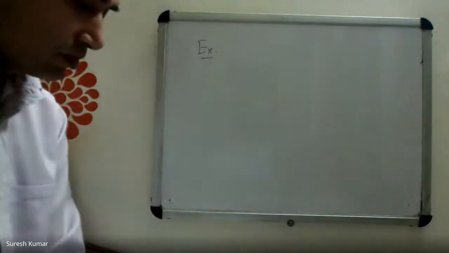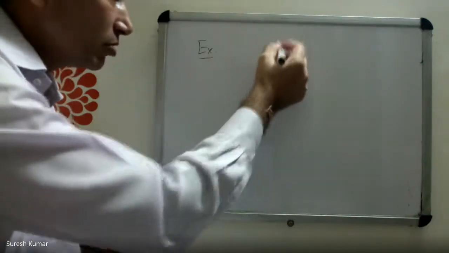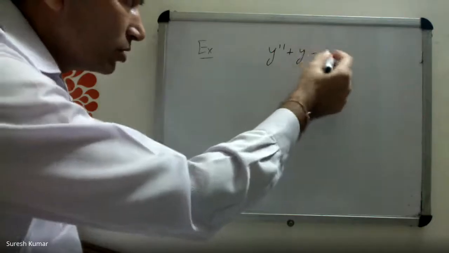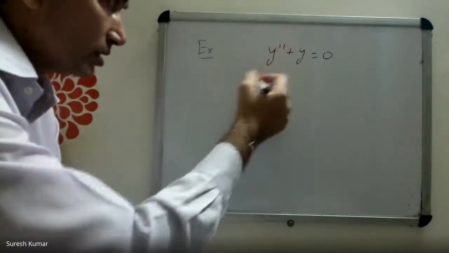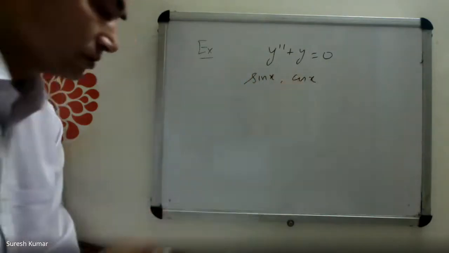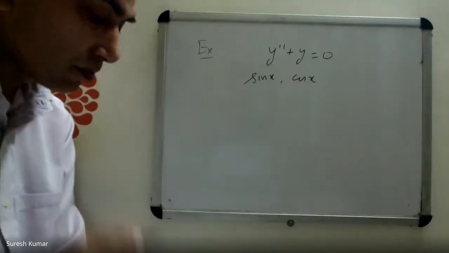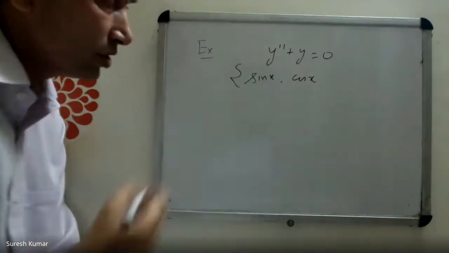Let's see another problem. Look at this differential equation, y double prime plus y equal to 0. Sin x and cos x are its particular solutions. You can check it. So this is one pair I have written.